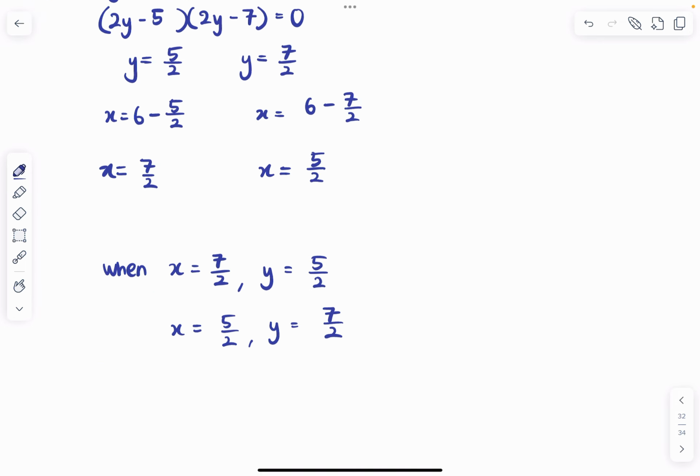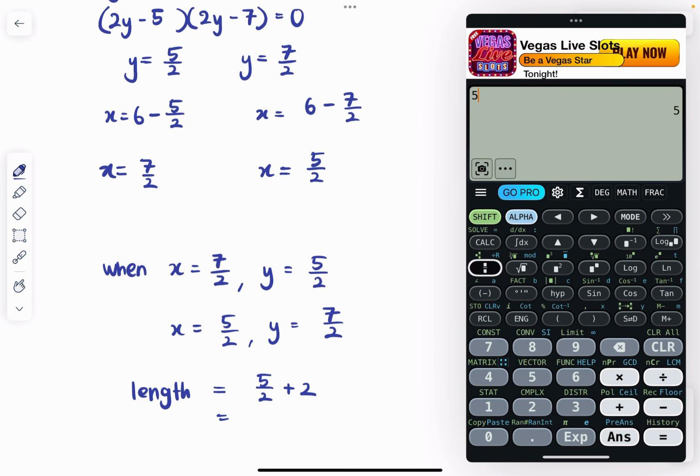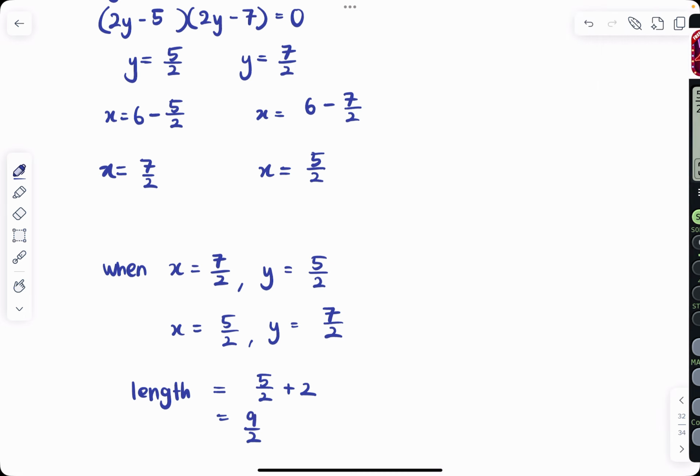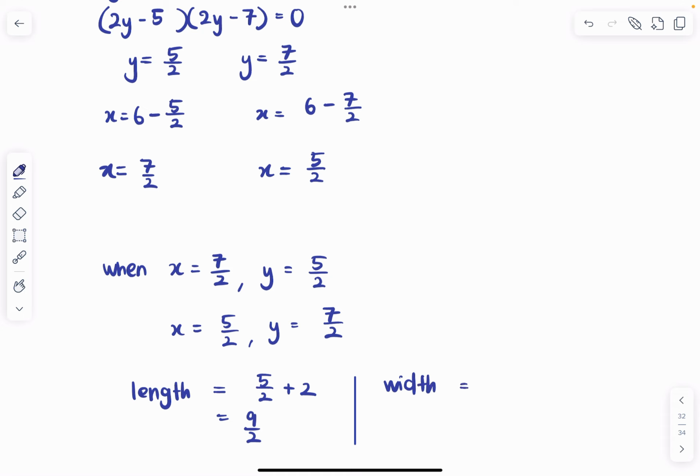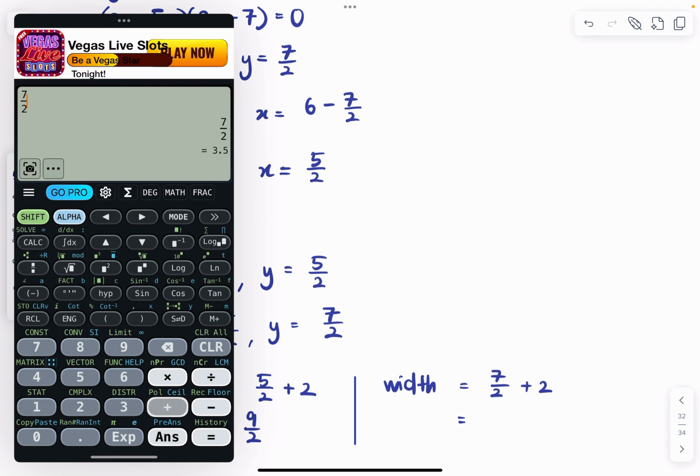So we can say length equals 5/2 plus 2, which is 9/2, and then the width will be 7/2 plus 2, which is 11/2.